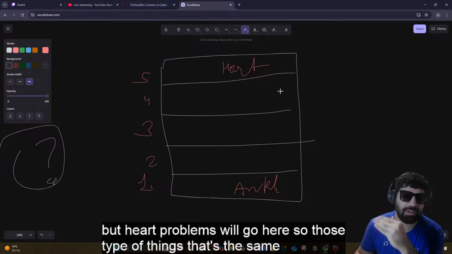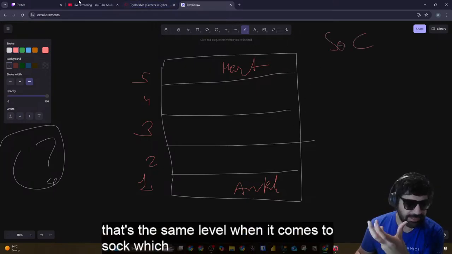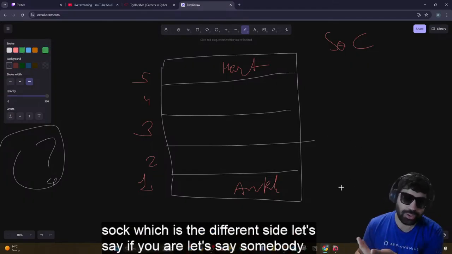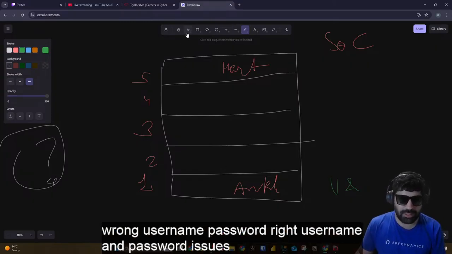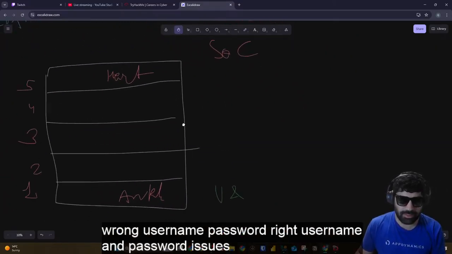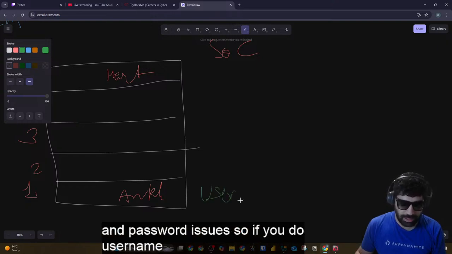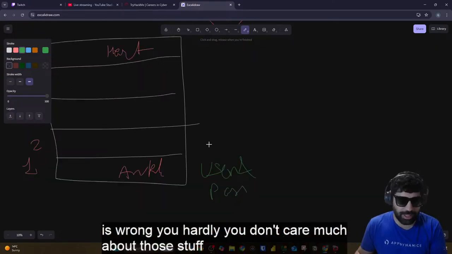That's the same level system when it comes to SOC, which is the defense side. Let's say somebody entered a wrong username and password. You hardly care much about that; those are level 1 or level 2.